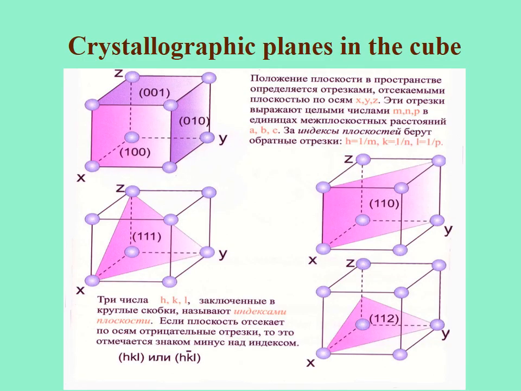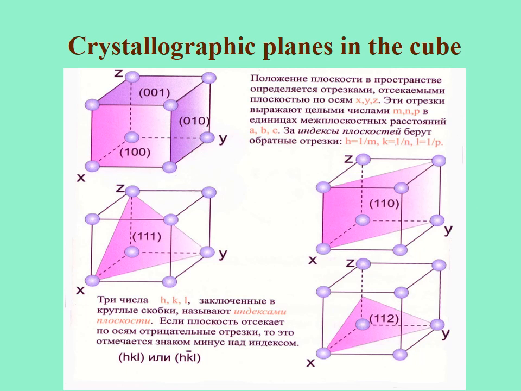Here you can see the crystallographic planes in the cube. For example, the plane X, O, Y has the symbol 0, 0, 1. This plane is parallel to the front face, and the symbol of this plane is 1, 0, 0.